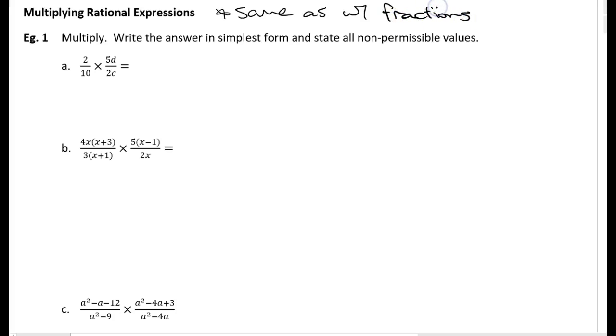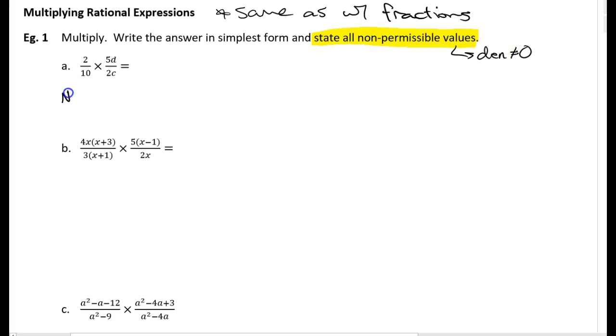Okay, so in addition to completing the mathematical part though, as I talked about yesterday, you want to state all your non-permissible values. Now, I recommend doing this before you do any multiplication, before you do any simplification. Always look for your non-permissible values. If we don't remember what those are, it's that our denominator can't be 0.